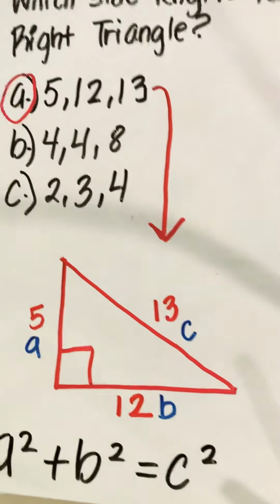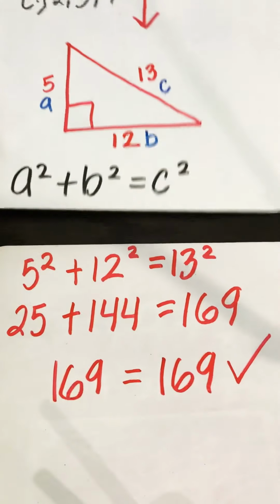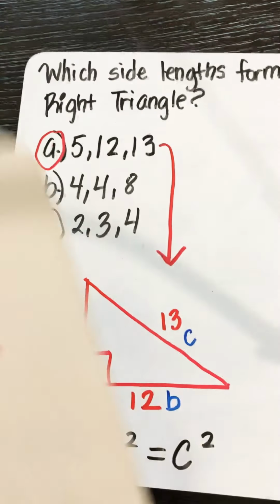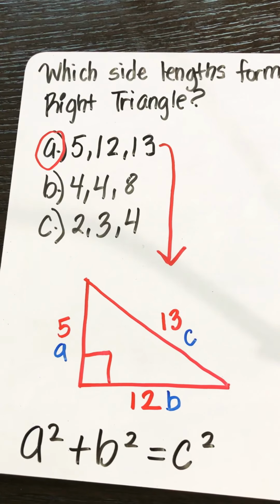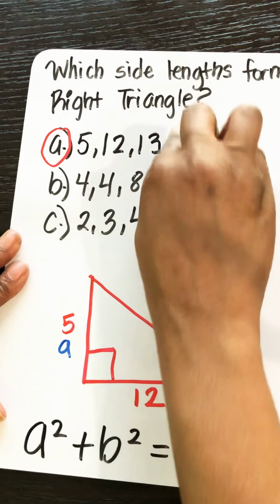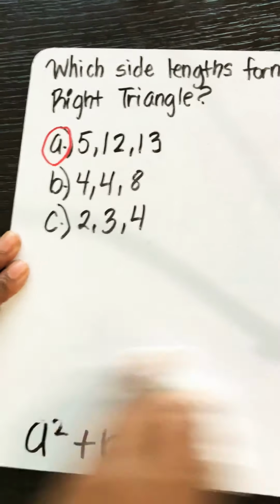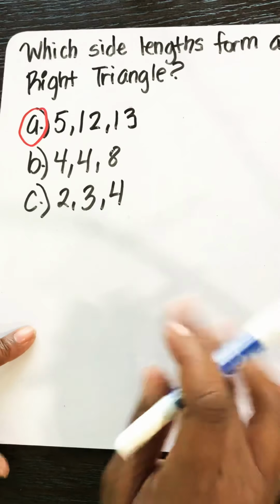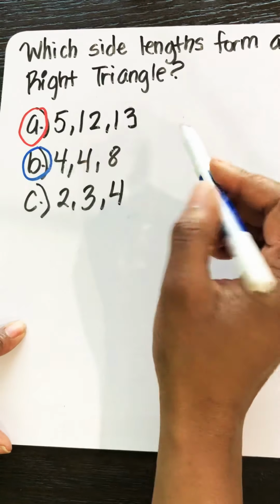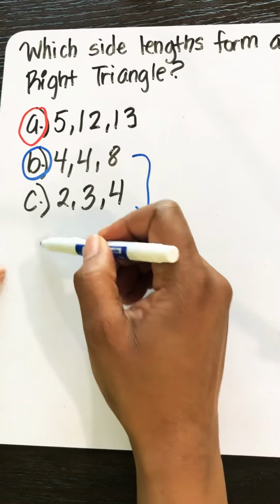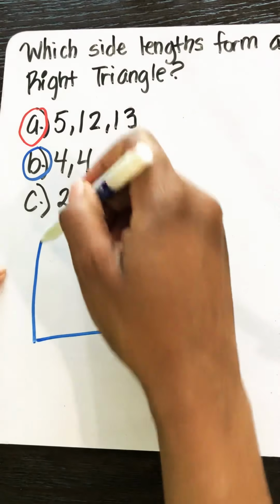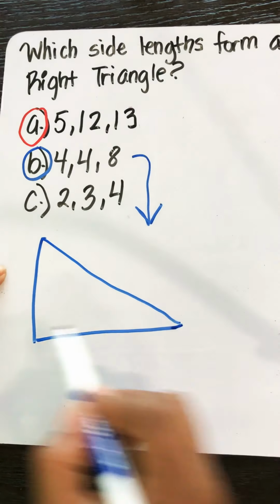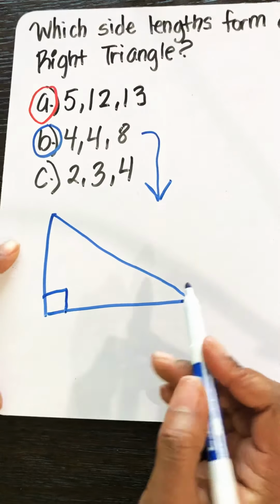Let's go ahead and test out B, just to see what will happen. So we're testing B, the side lengths 4, 4, and 8, right? Again, we're going to draw our right triangle and label our sides.